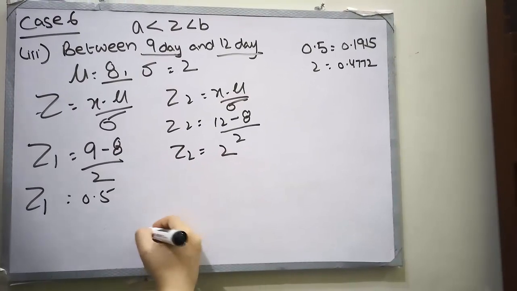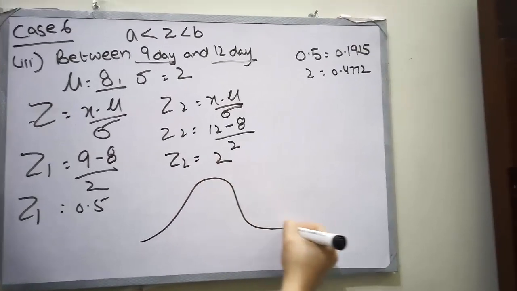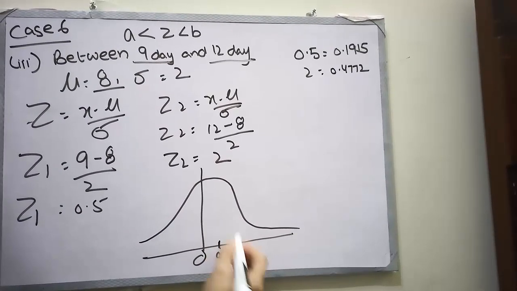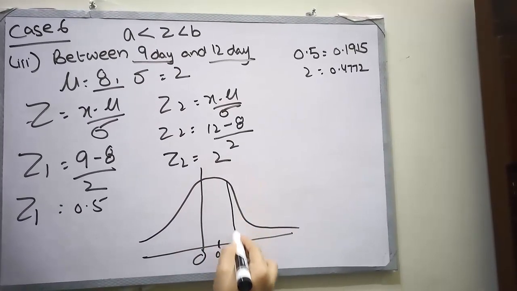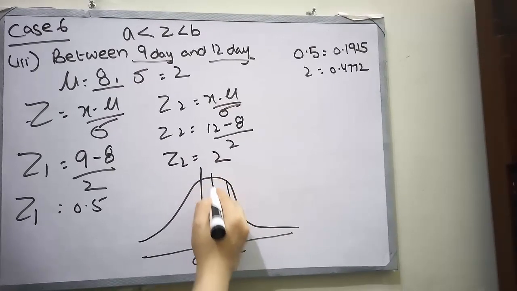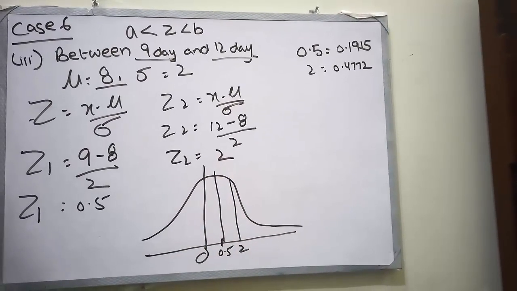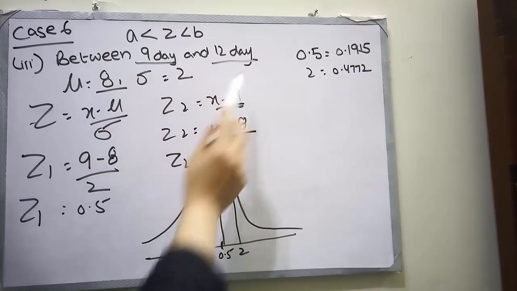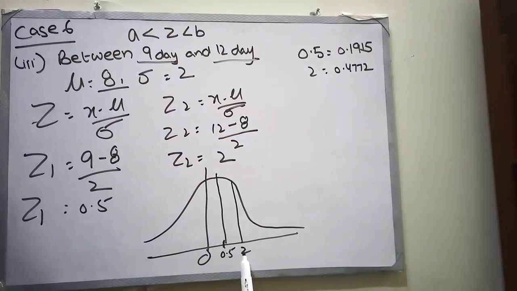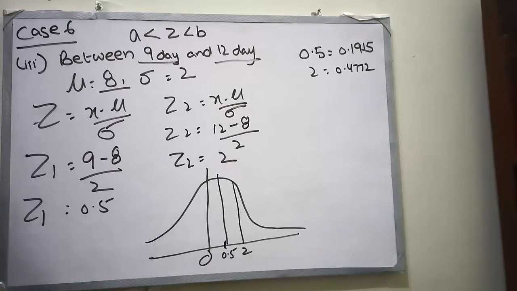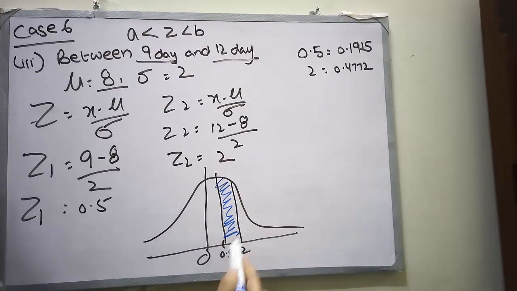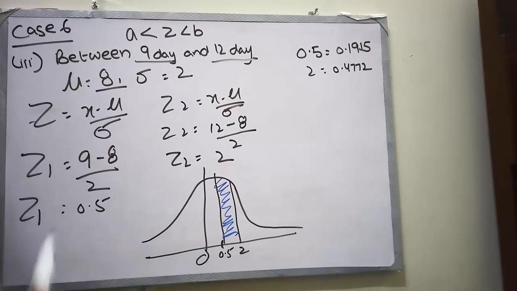If you draw this bell-shaped curve, 0.5 and this 2. What we are supposed to find is the probability between 9 and 12, which means between this 2 and 0.5. So we have to find the area between 0.5 and 2.